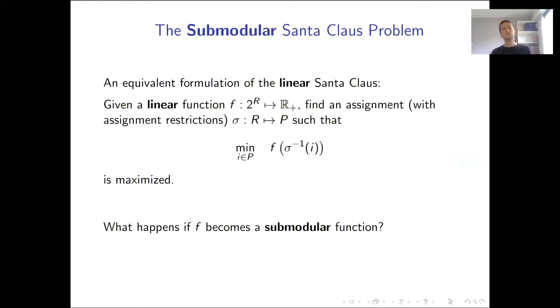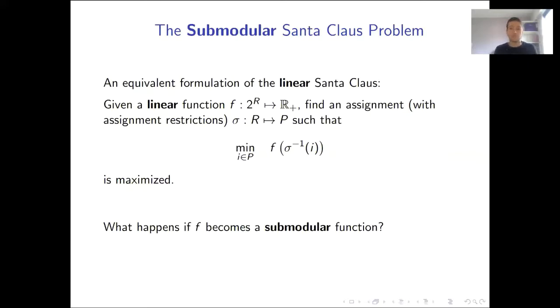So now let's go to the submodular case. If I rephrase the linear Santa Claus, I am given a linear function that gives any subset of resources some value, and we want to find an assignment respecting the assignment restrictions such that the happiness of the least happy player is maximized.